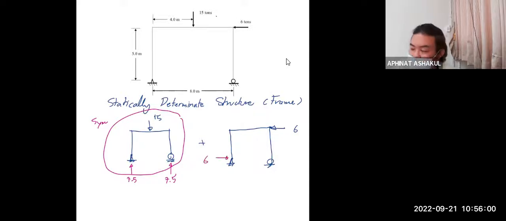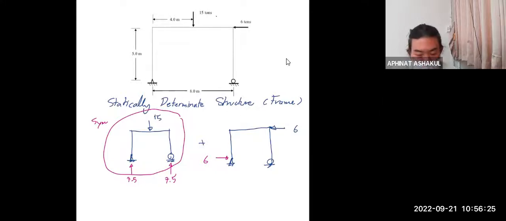That's a gimmick, right? Otherwise, our sigma Fx is busted. And it's going to rotate your frame simply because these two 6s don't pass each other. They do not coincide. So they are going to rotate our structure.